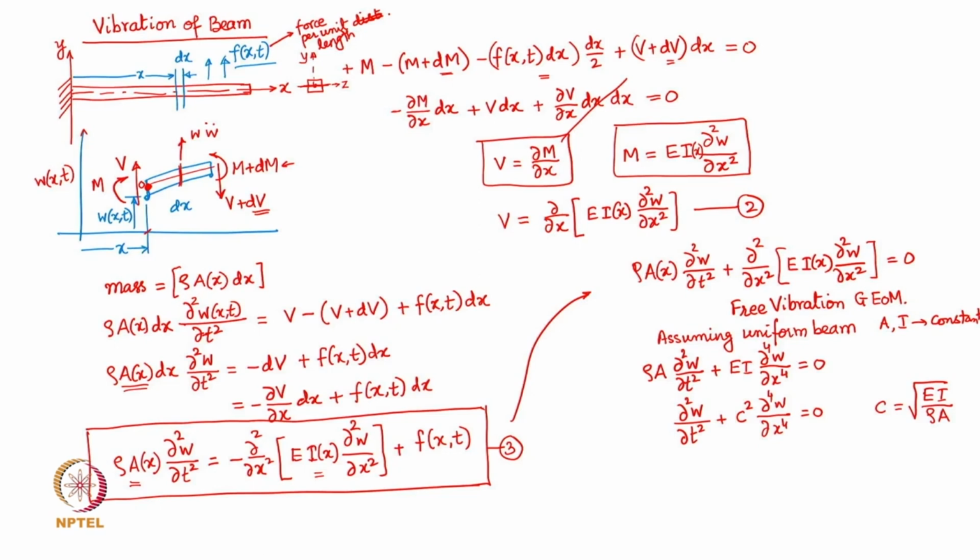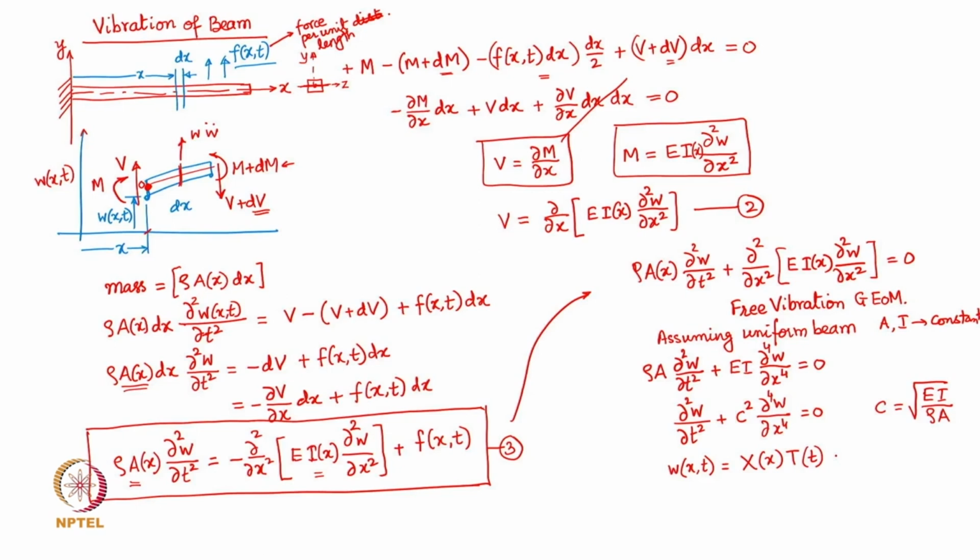Now the way we do always, we assume the solution here to be given by w(x,t). The total solution here is given by the product of two functions, one independent of time, a function of x, the other independent of x, a function of time. Okay.